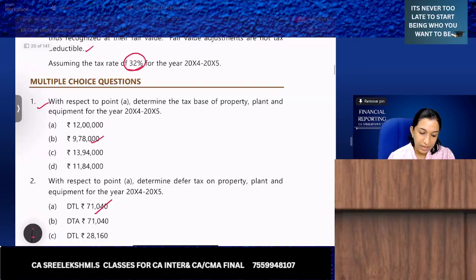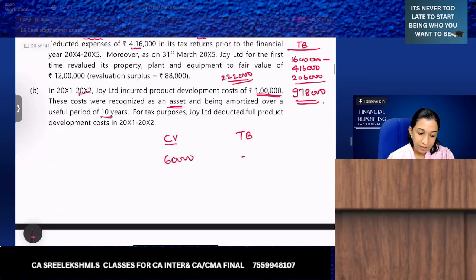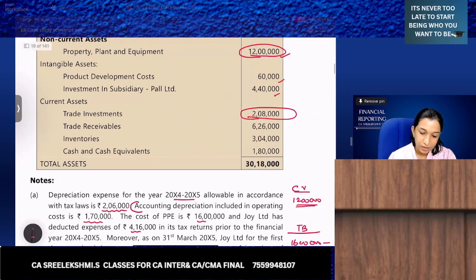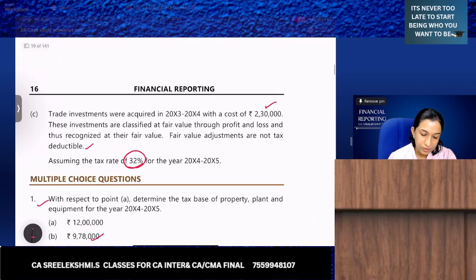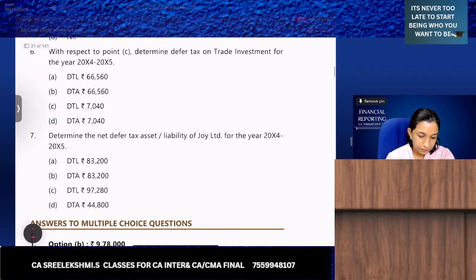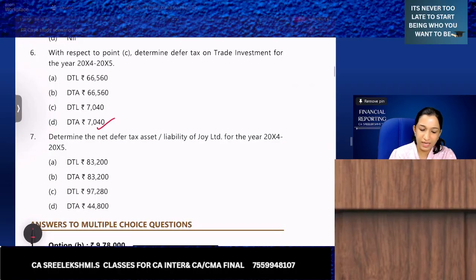They have given here trade investments 2,08,000. 2,30,000 is the cost, the tax base. Carrying value is 2,08,000, which is less. So it is 22,000, giving 7,040 DTA.